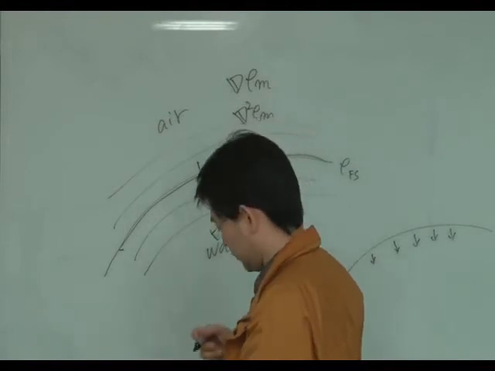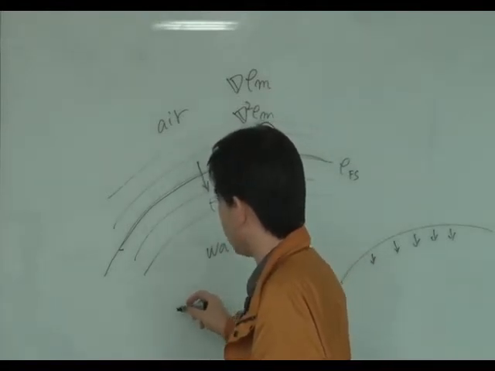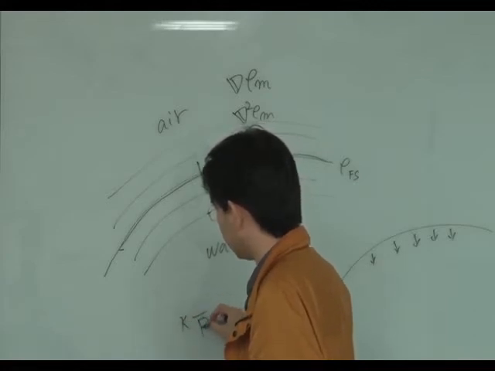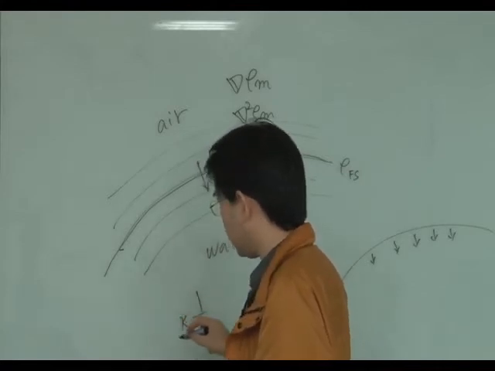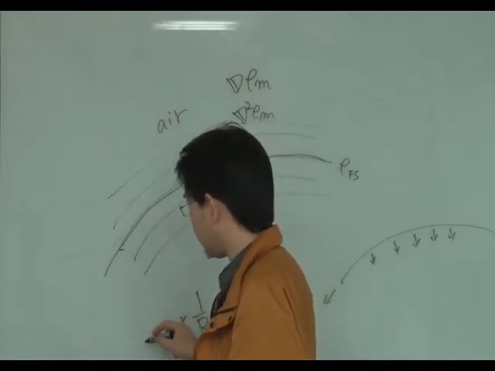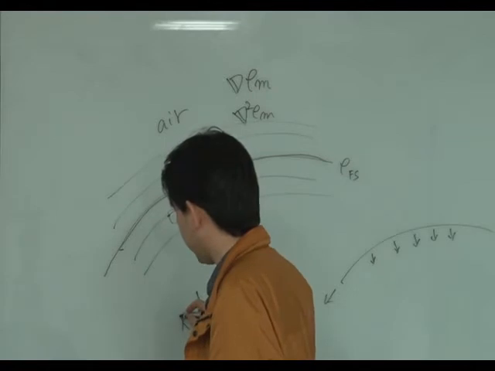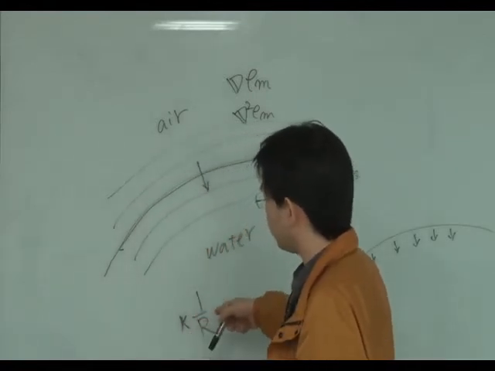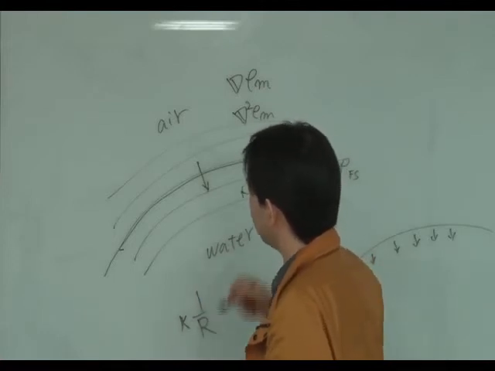So after you get the curvature, the resultant surface tension is given by the coefficient kappa and the calculated curvature radius.